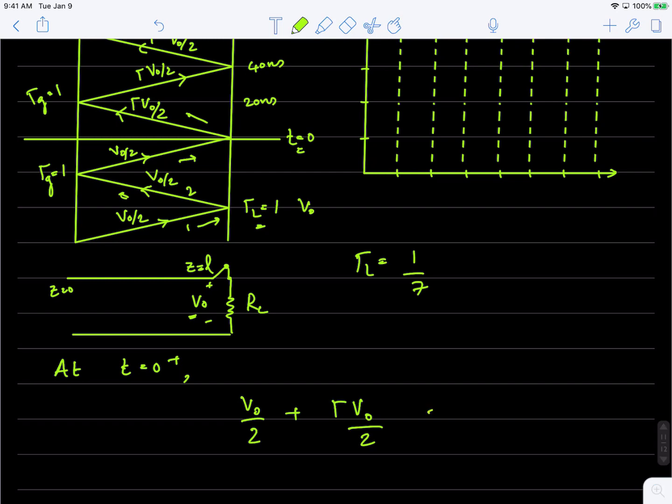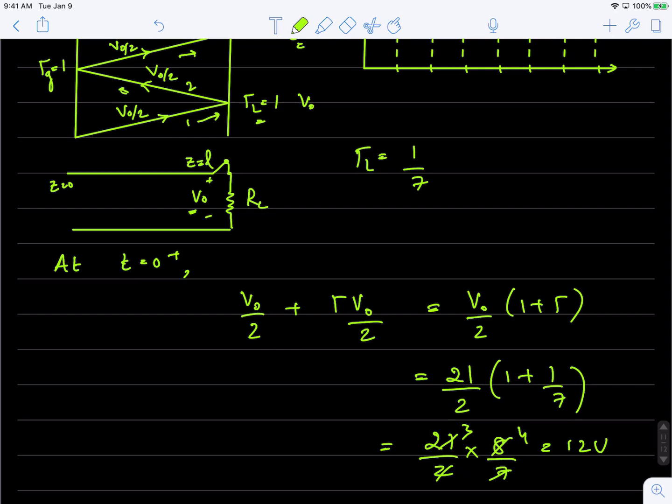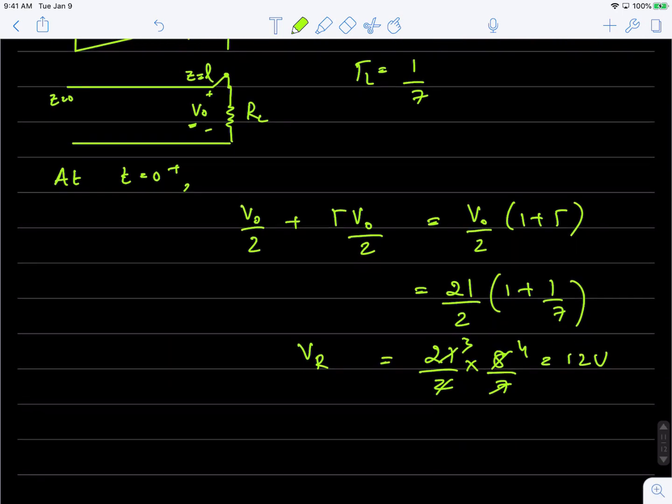Okay, so that is going to make it V naught by 2 into 1 plus gamma. So we know that V naught is 21 divided by 2, 1 plus 1 by 7. So that is going to be 21 by 2 into 8 by 7. 7 3s are, 2 4s are, that's equal to 12 volts. So at t is equal to 0 plus, VR is equal to 12 volts. The voltage at the load side is going to be 12 volts.